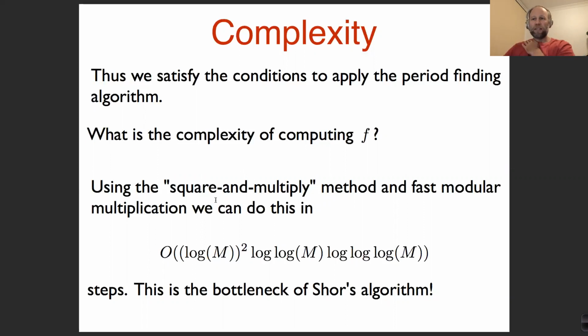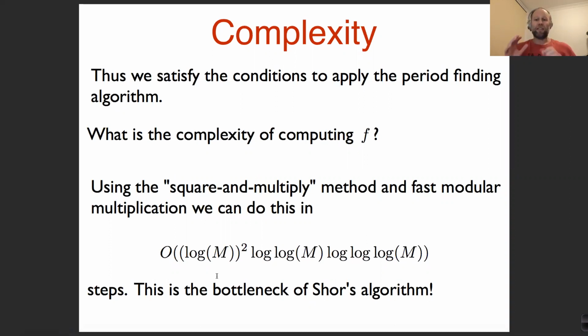If you work out the complexity of this, it's something like O tilde of log m squared classical operations needed to compute f of a. Here I've written out the low order terms, but we don't care too much about that. Just think of it as roughly log m squared operations.